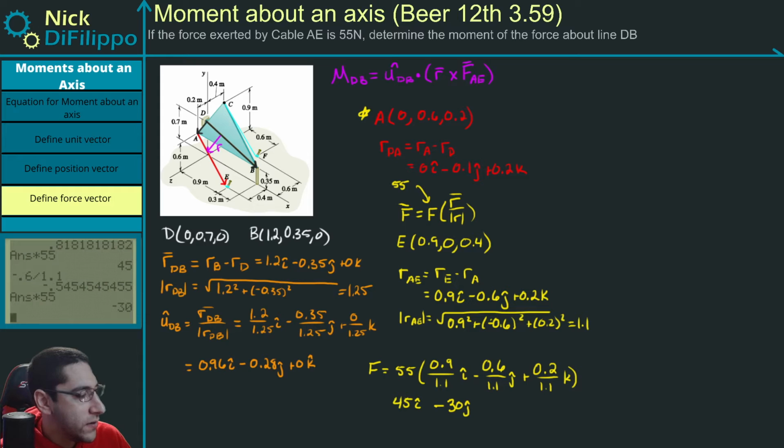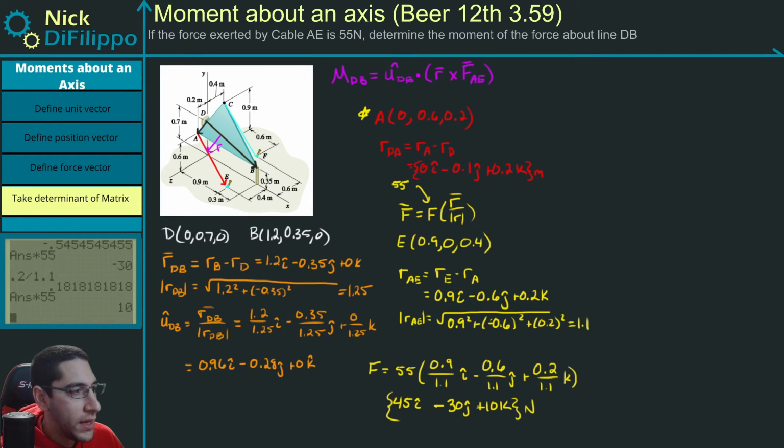And then 0.2 divided by 1.1 times 55 is plus 10k. So this is my force, and these are in newtons. My position vector is in meters. But what I can finally do is find the determinant of the matrix.